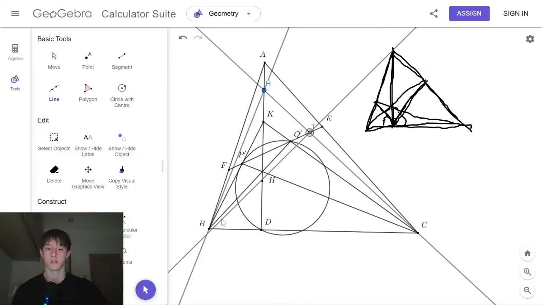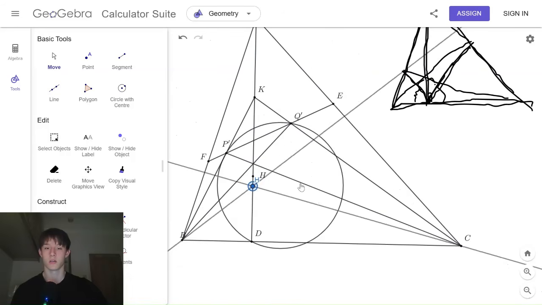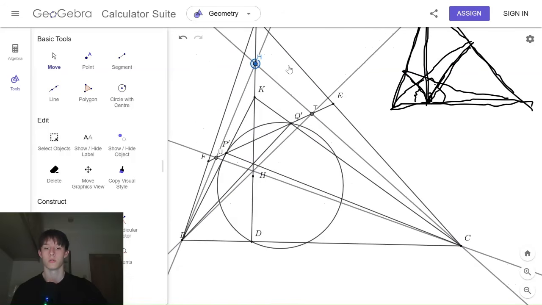So if I take this in here and this in here, they should intersect on the height, yeah. So we don't really need that this point K was something. It's just always true.